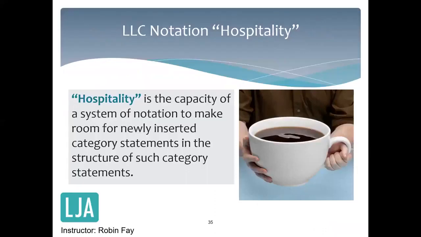Other things I want to share as terminology that you'll see when looking at classification systems: there's this notion of hospitality. Hospitality is the capacity of a system to make room for newly inserted category statements. In other words, it allows us to add more if we need to.